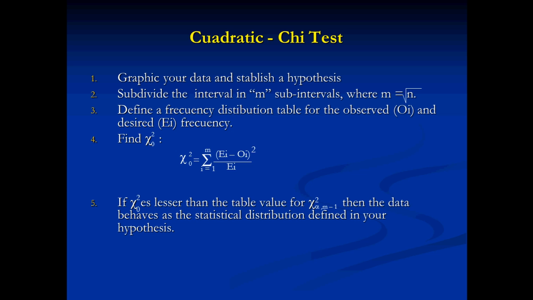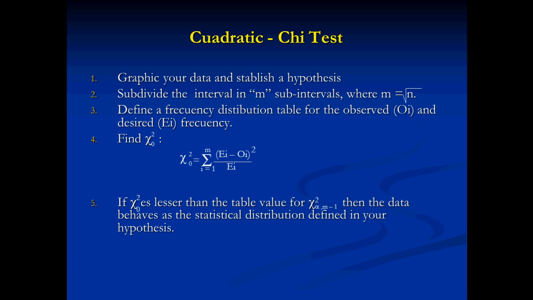The next thing we need to do is find out the quadratic chi value just by following this formula that you are seeing right now. And we are going to compare this value with a table value. This quadratic chi value is in terms of alpha and m minus 1.